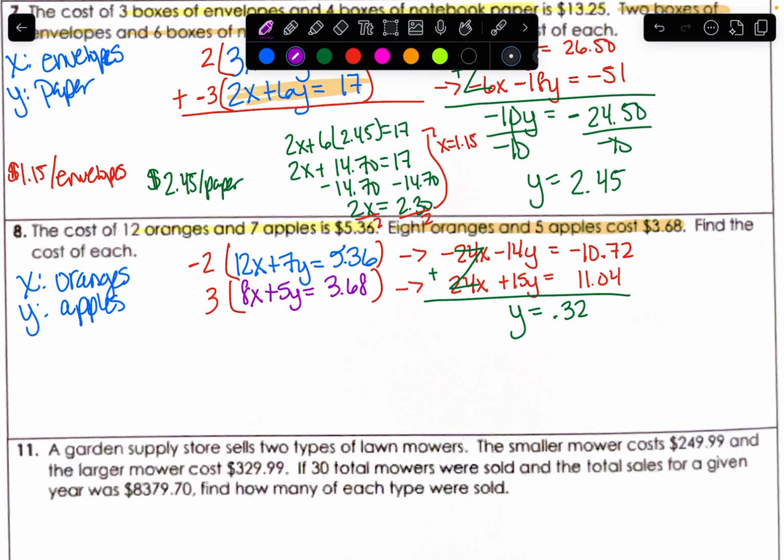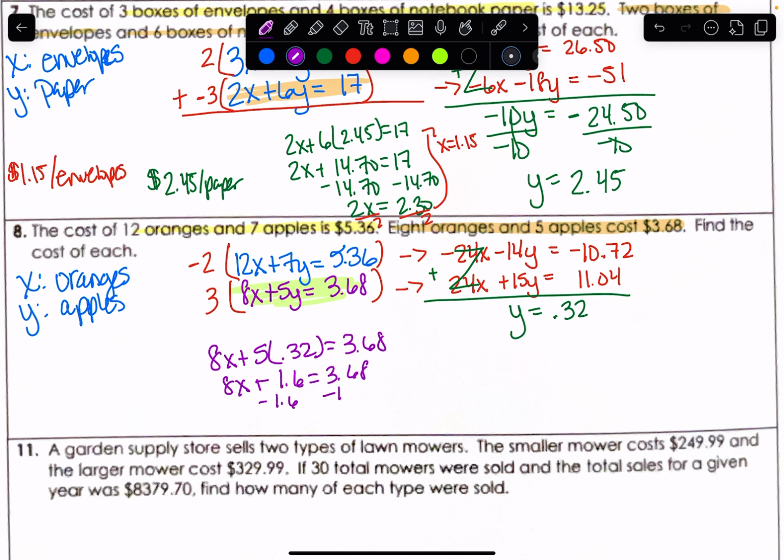Now we can figure out the cost of oranges. So I would substitute that 32 cents into one of these other equations. I'm going to choose to use this one. So I would say 8x plus 5 times 0.32 equals $3.68. 8x plus 1.6 equals 3.68.